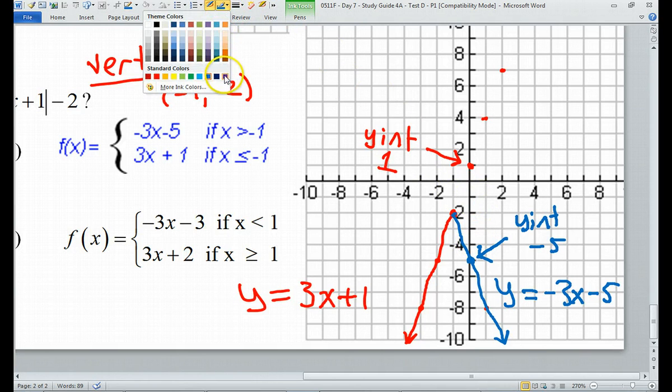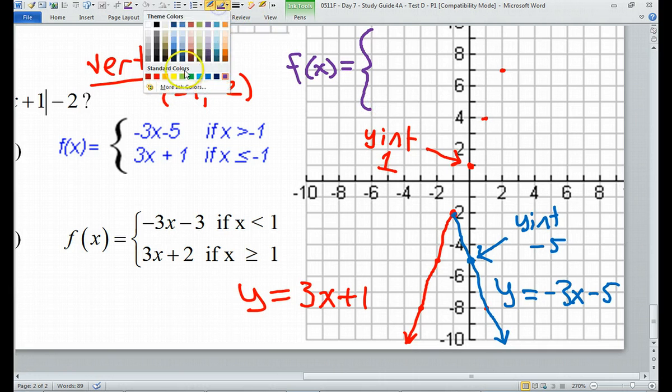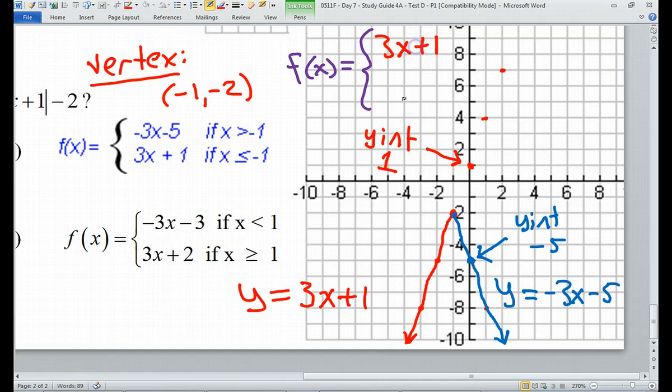Okay, so if I were going to make a piecewise function out of these two things, here's what it would look like. I would have f of x equals 3x plus 1, all right, that's this part, if x is less than what? What is the cutoff point where it changes from the red branch to the blue branch?